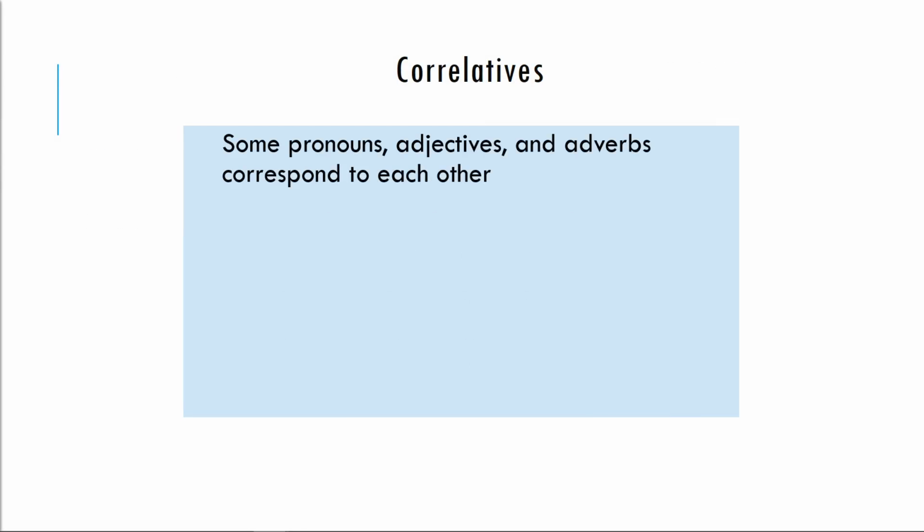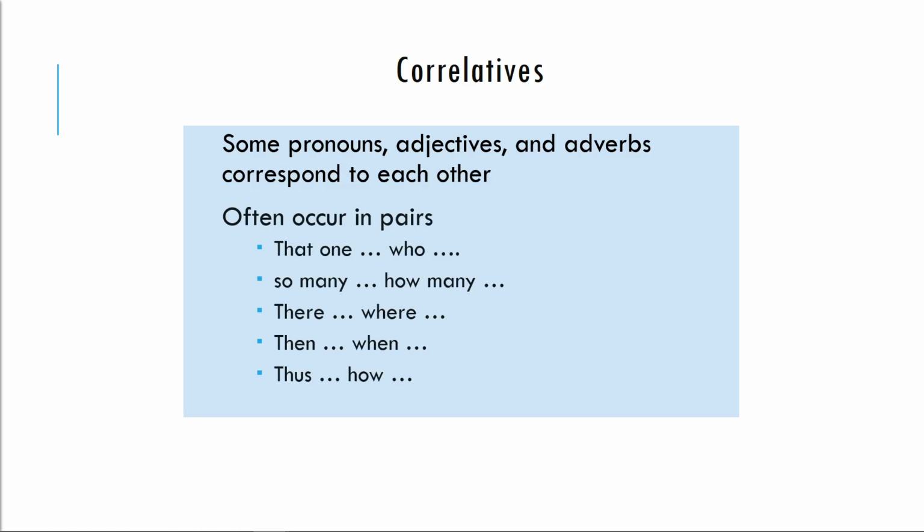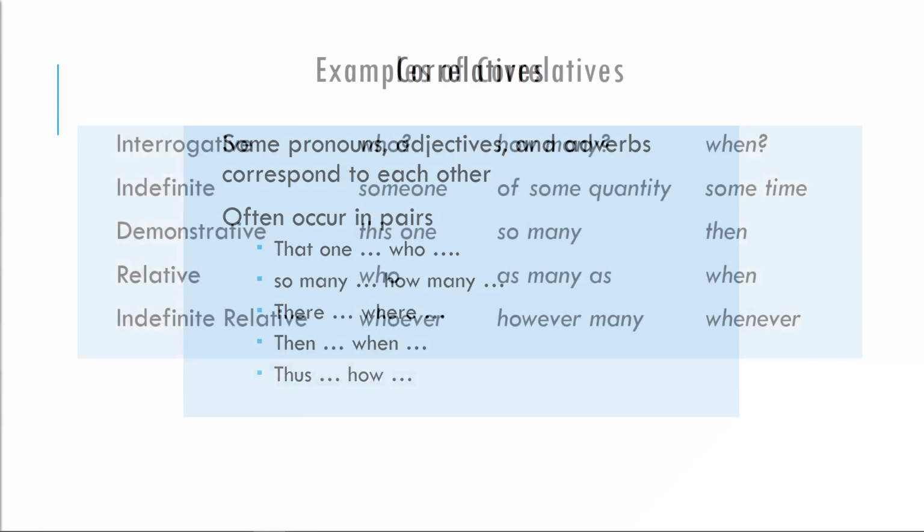We've already talked to some extent about these, but there's such a thing as correlatives. We have them in English, we have them in Greek. These are pronouns, adjectives, adverbs that correspond to each other, either in pairs: that one, who; so many, how many; there, where. So we get a lot of main clauses with that one, and then a relative clause, who; then, and then a relative clause explaining when. But there's different kinds of correlatives.